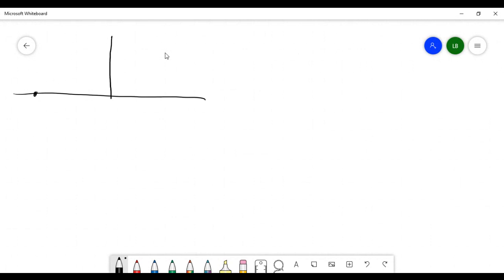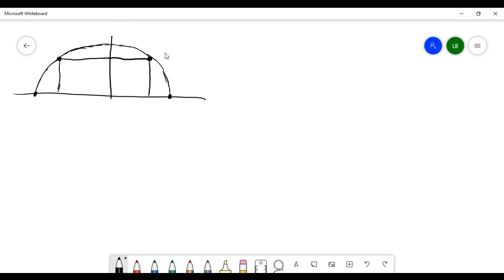Let's say you have a semicircle, kind of like so. And you have some rectangle in it, like this. And you want to maximize the area of the rectangle.